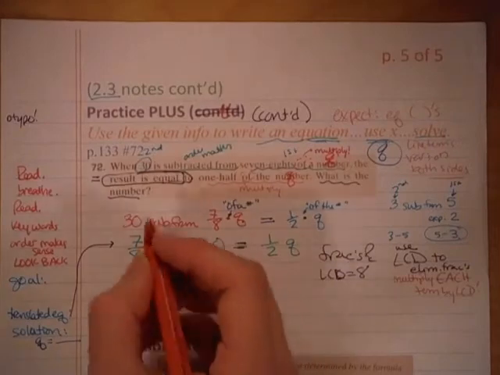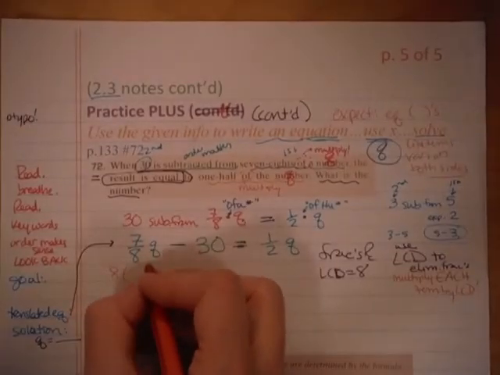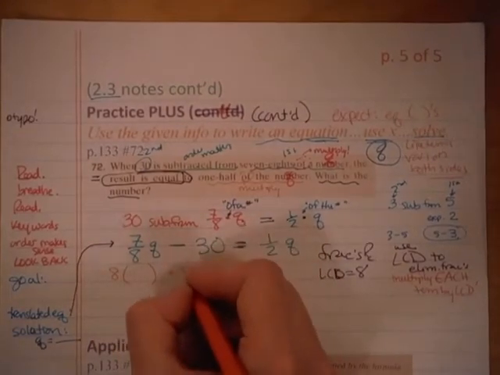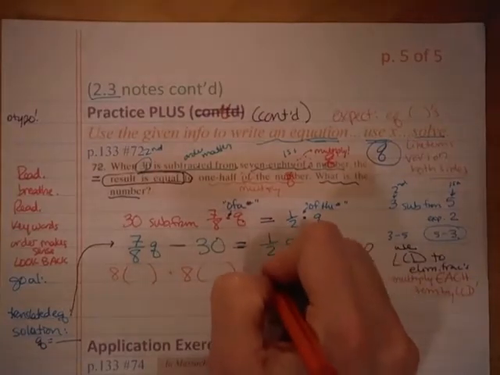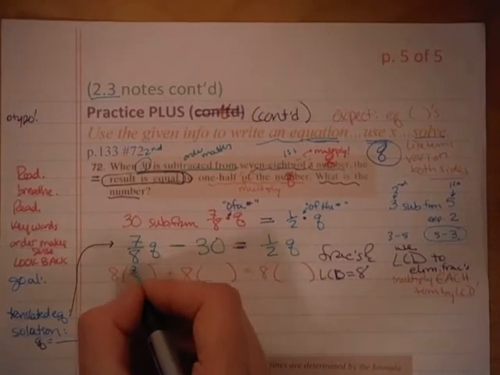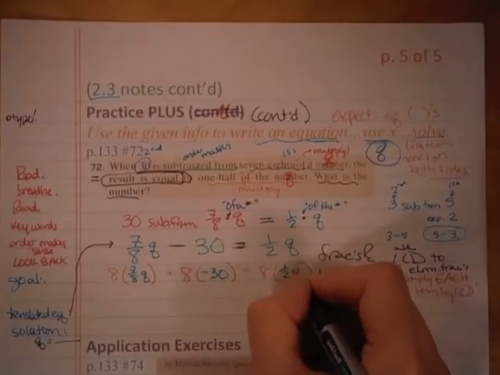Okay, so that means I'm going to multiply 7/8 q by 8. I'm going to multiply the minus 30 by 8, and I'm going to multiply the 1/2 q by 8. So I've got 7/8 q, I've got the minus 30, I've got the 1/2 q, everything gets multiplied by 8.